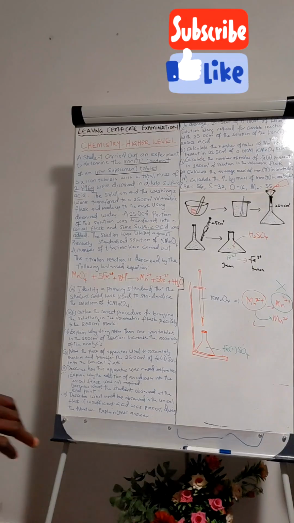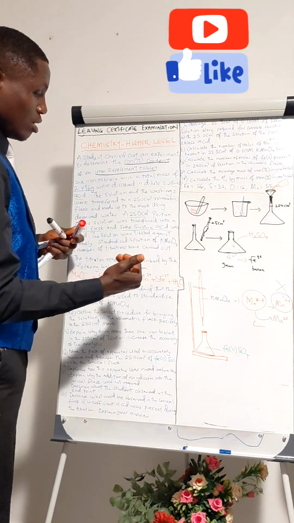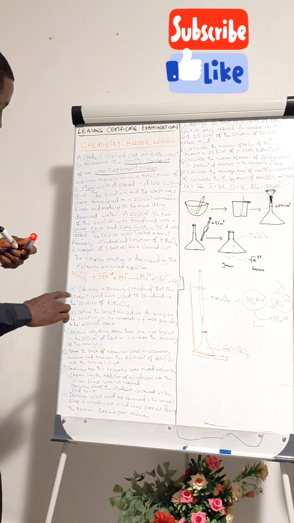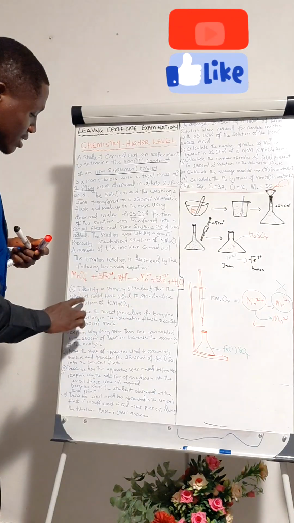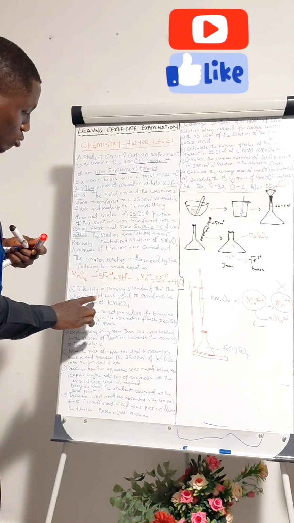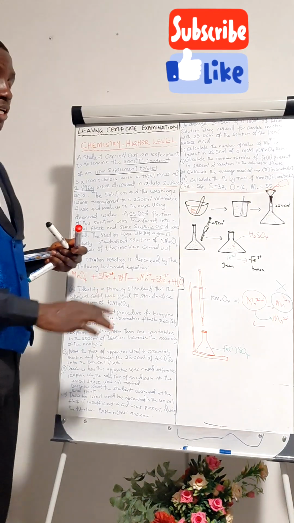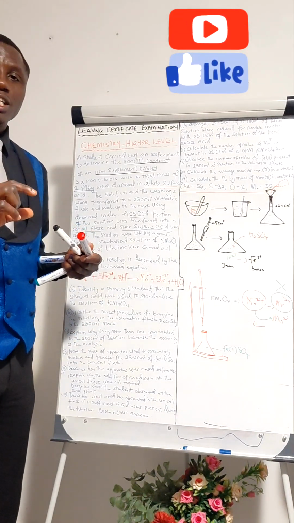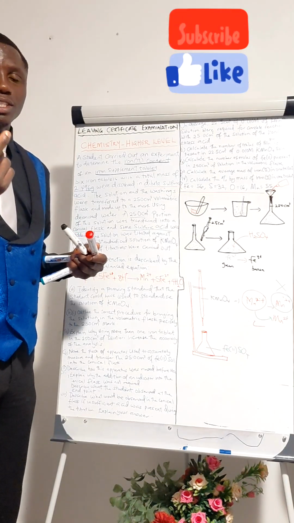Okay, so I have explained the process of the titration. Now let's go into the work itself. The question says identify a standard that students could have used to standardize the solution of KMnO₄. These are questions based on your knowledge of standardization in volumetric analysis.